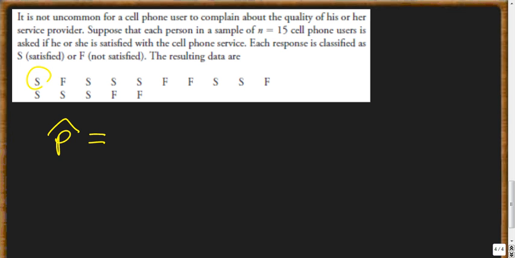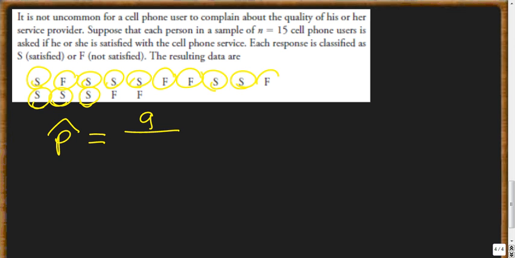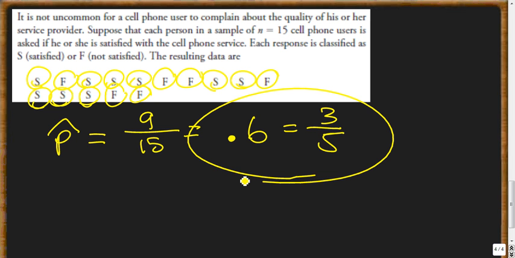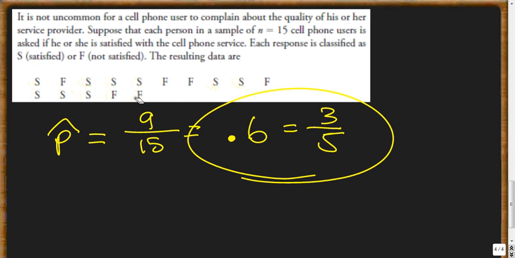Well, we got 1, 2, 3, 4, 5, 6, 7, 8, 9. We had 9 out of how many? 10, 11, 12, 13, 14, 15. Well, this is the same as 0.6 or 3/5, depending on how you want to answer it. Those are both fine. Now, that's our sample proportion because we just had a sample.